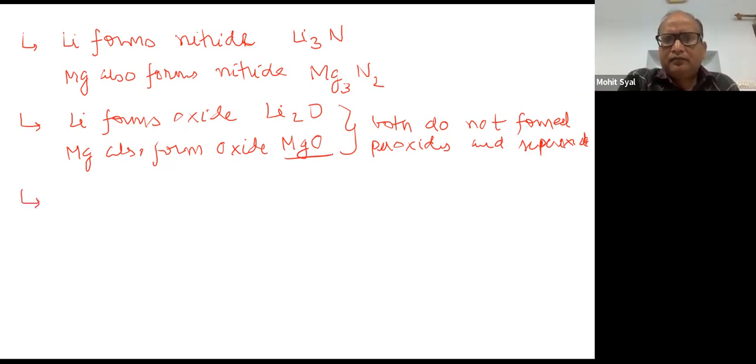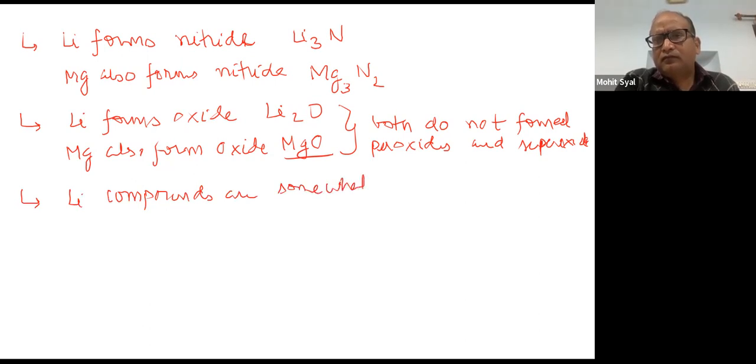Lithium compounds are somewhat covalent. It is because lithium is a smaller ion, and it is also abnormal behavior, because it doesn't resemble the character of other alkali metals.